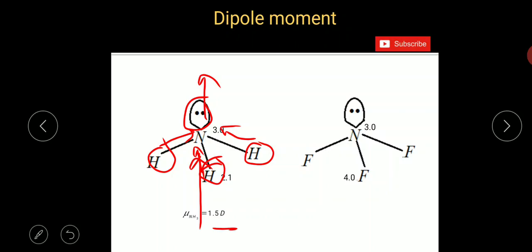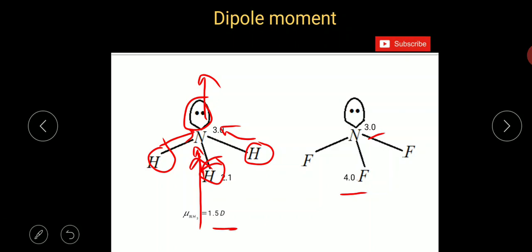Nitrogen electronegativity is 3, fluorine electronegativity is 4. So the difference in electronegativity is 1 unit. In nitrogen and hydrogen, the electronegativity difference is 0.9. So both have almost the same difference in electronegativities.